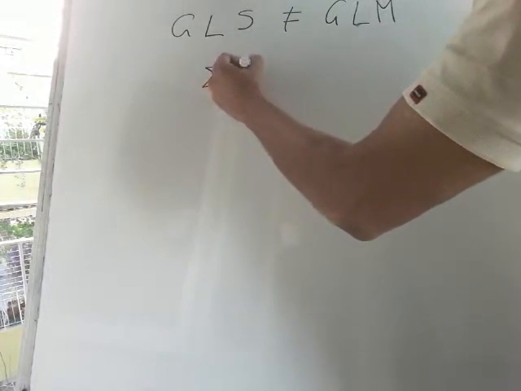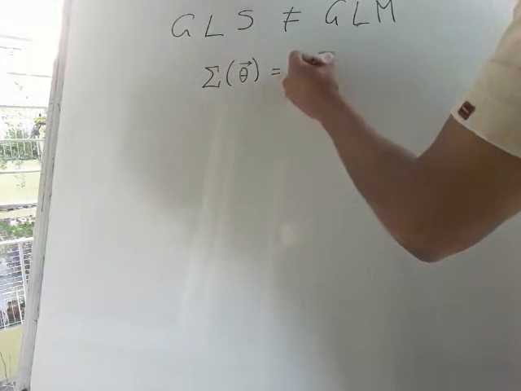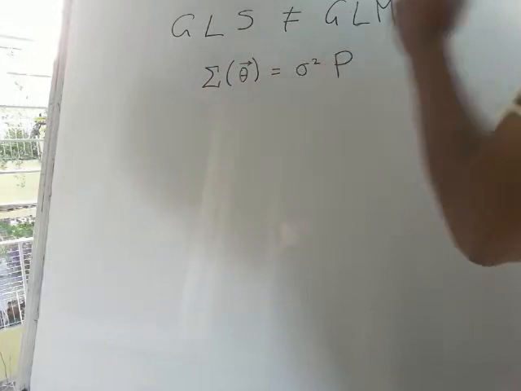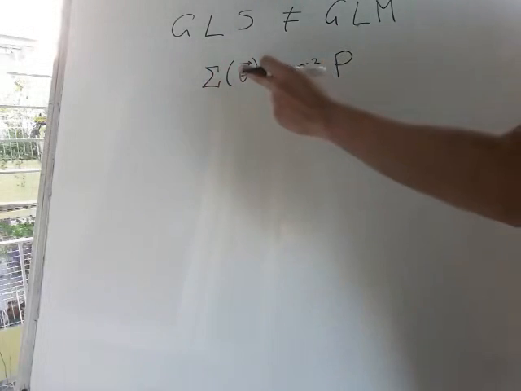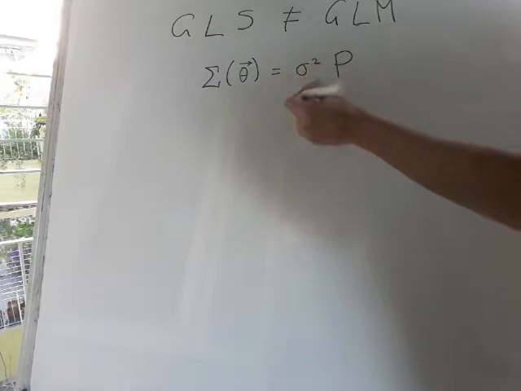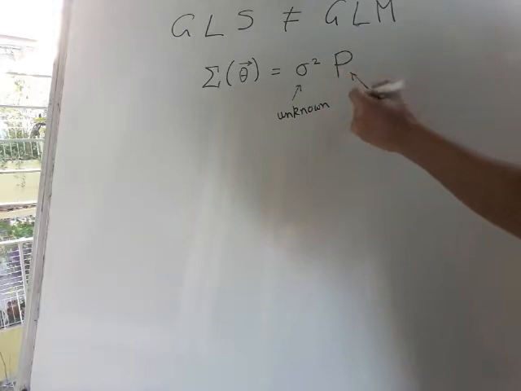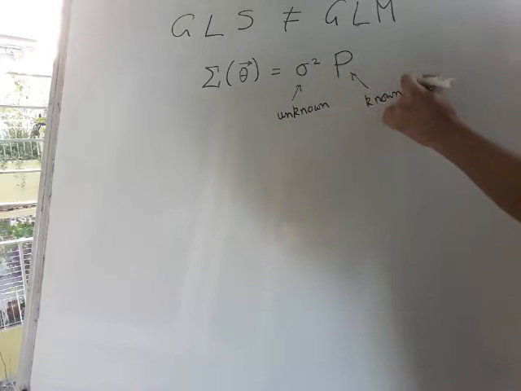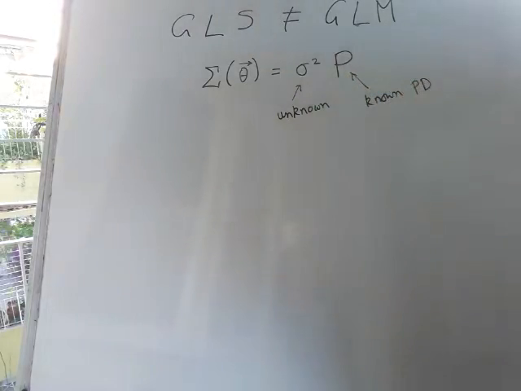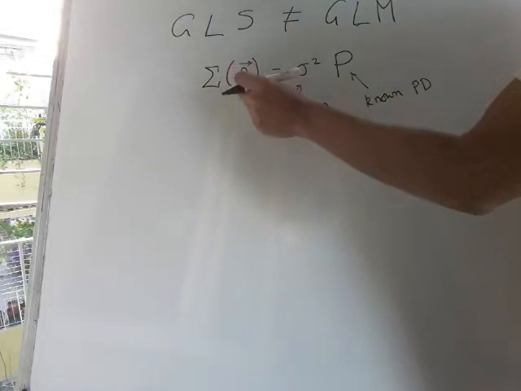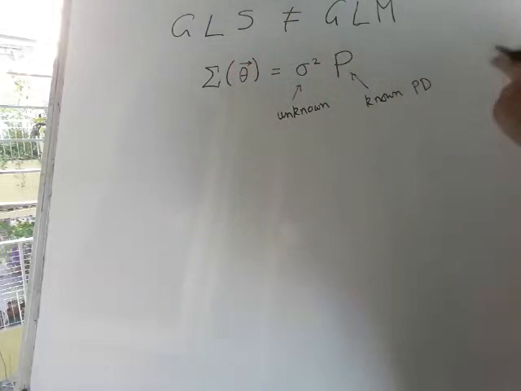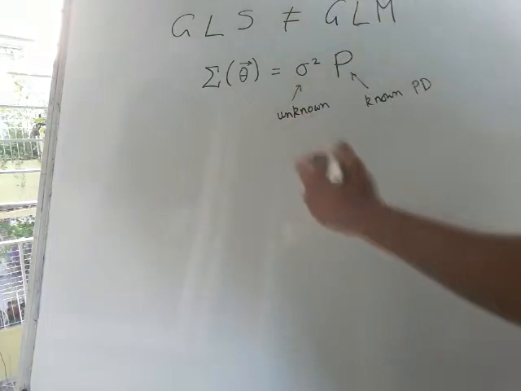Capital Sigma of theta is of the form sigma square times some P. So sigma square is your unknown thing and P is a known thing, and P is positive definite. If your capital Sigma of theta is of this form, which means theta is just a single number, sigma square, then you can fit the model much more easily in the following way.